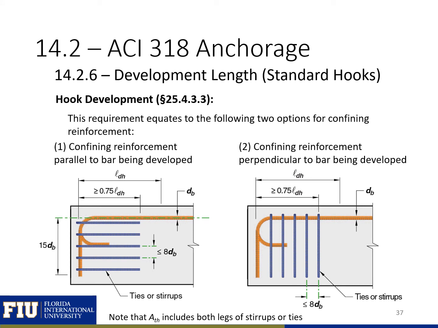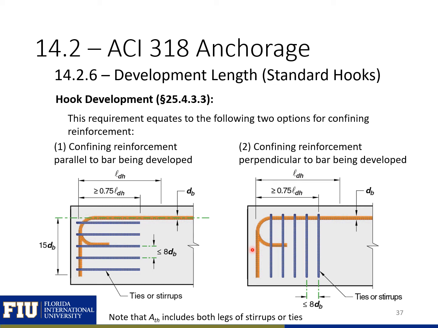So this requirement equates to the following two options for confining reinforcement. You can either have confining reinforcement parallel to the bar being developed. So here's our bar being developed, here's our hook, and our confining reinforcement is parallel to this bar being developed and encloses the hook here. And this reinforcement prevents the hook from kicking out on the backside, which is one type of failure mechanism that can happen with these hooks.